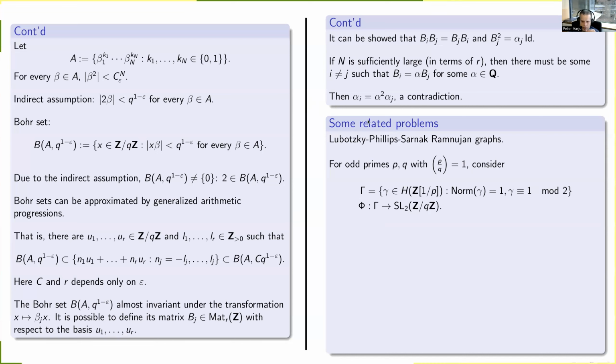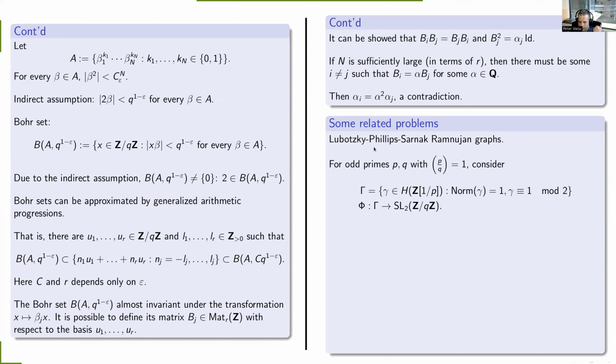So the first one is concerned with the Ramanujan graphs, which were constructed by Lubotzky, Phillips, and Sarnak.